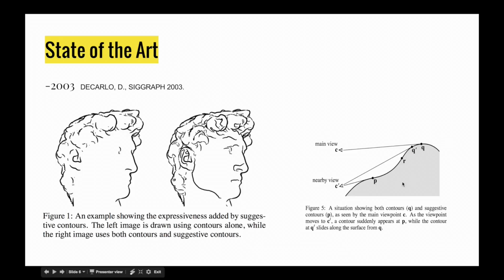The point P is the mixed area, depending on the viewing angle, which is from C or C dot. For instance, viewing from C, the point P would be the suggestive contour, but Q dot is not. By the definition of the suggestive contour technique, we need to locate all the points similar to the point P, in this case on the entire surface of this object.